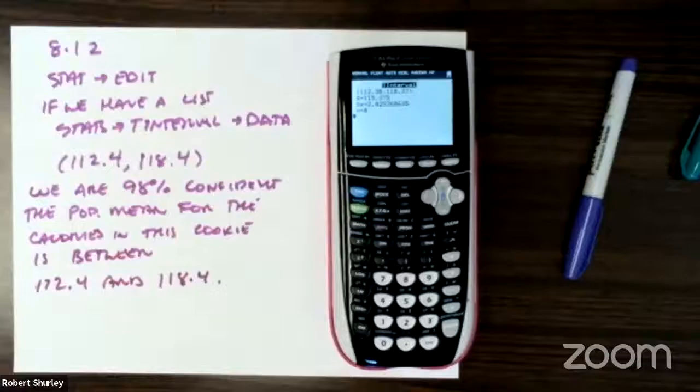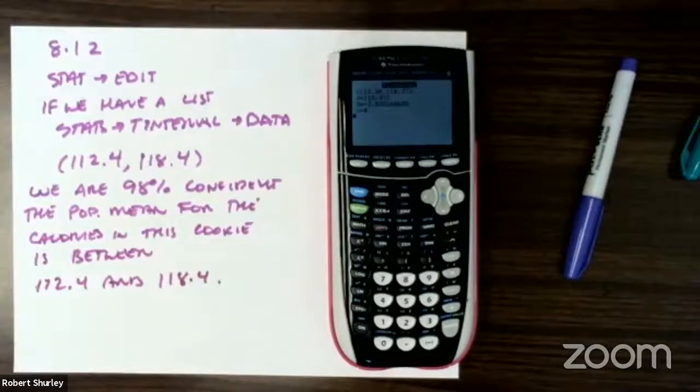Remember, it's not that 98% of the calories are between there. No, it's that we're 98% confident that the actual mean is between there somewhere.